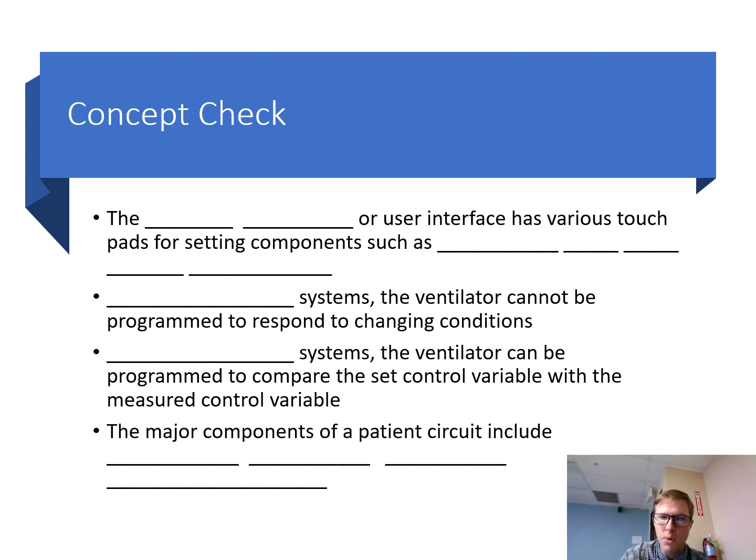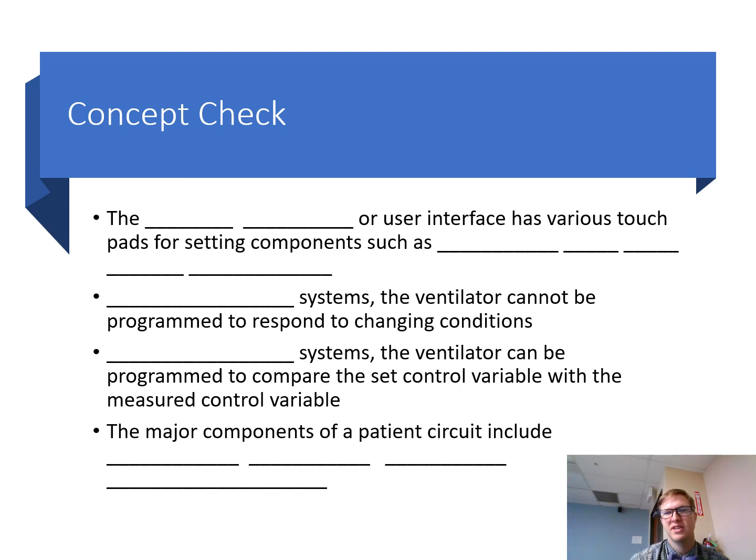Open loop systems, the second point there: the ventilator cannot be programmed to respond to changing conditions. You set a tidal volume of this much, and even if too little has been delivered, if there's a leak in the system, it's not going to change anything. It's not going to know that.